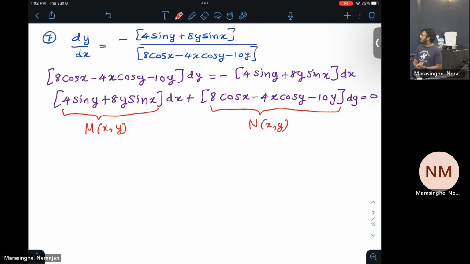Okay. Evaluate the partial derivative of capital M with respect to y and evaluate the partial derivative of capital N with respect to x.